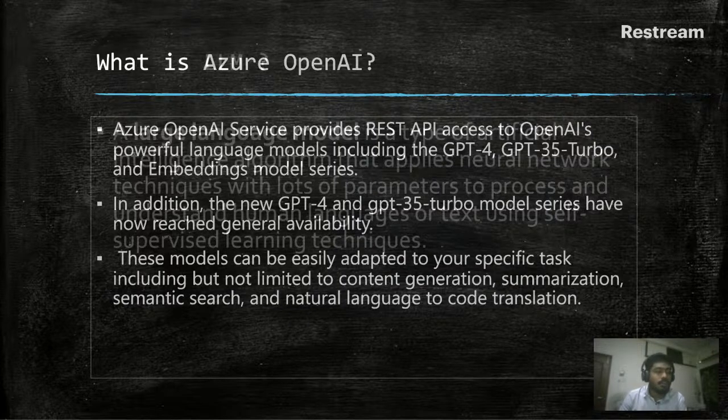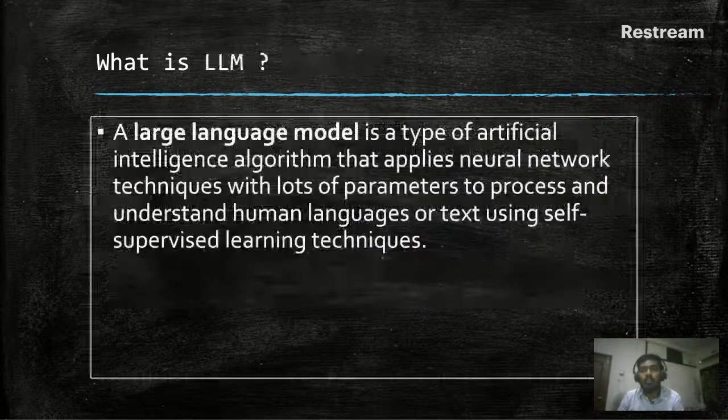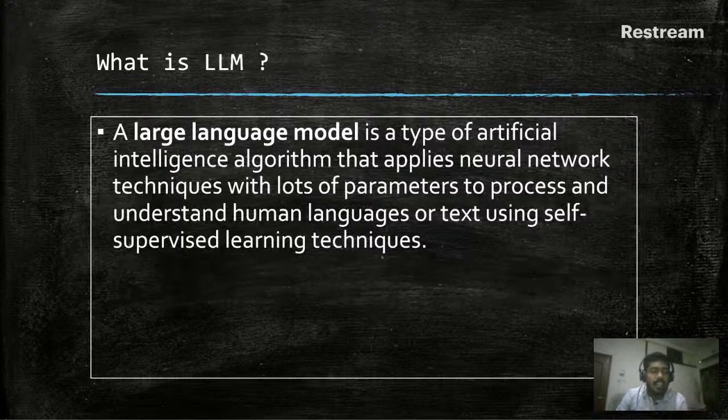After that, we have to know what an LLM is. LLM stands for large language model. It is a type of artificial intelligence algorithm that applies neural network techniques with lots of parameters to process and understand human language and text.